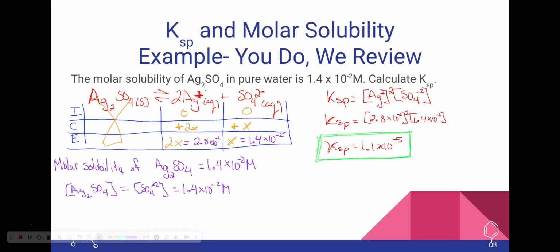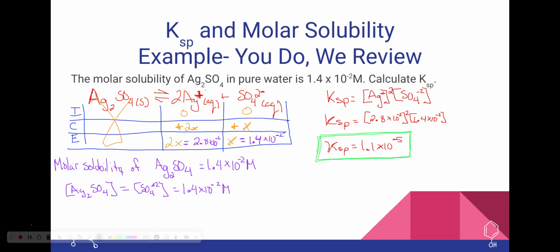And because when this particular ionic compound dissolves, it releases 1 sulfate ion, that's where we get 1.4 times 10 to the negative 2 for sulfate. And then, of course, it releases 2 silver ions, so that's why we had to double it to 2.8 times 10 to the negative 2.